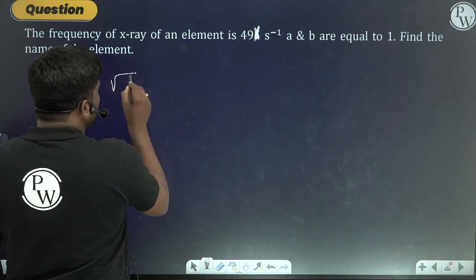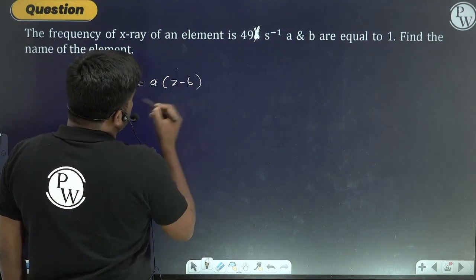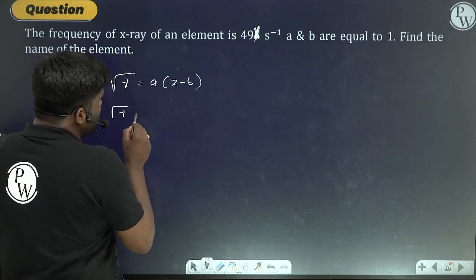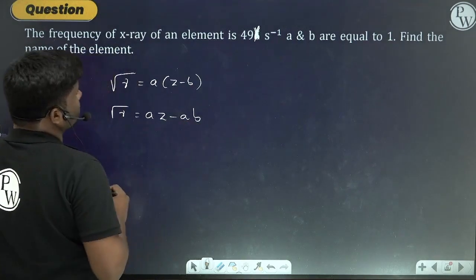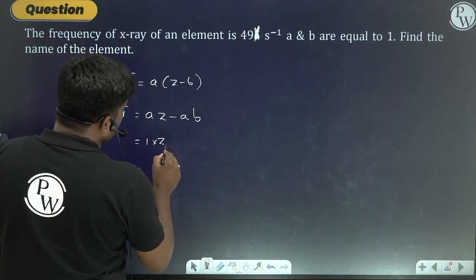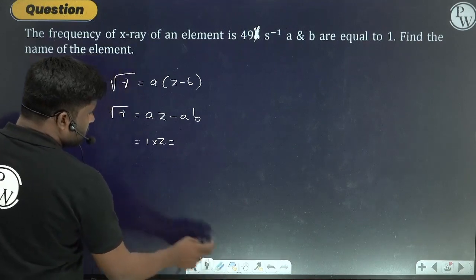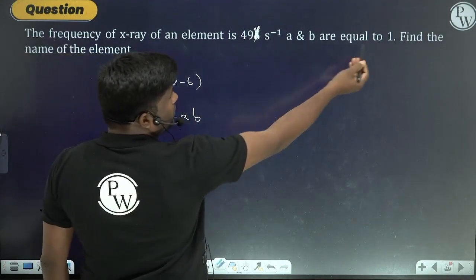Same, under root nu is equals to A into Z minus B. Under root nu is equals to AZ minus AB. A value is 1 into Z. A and B are equals to 1.